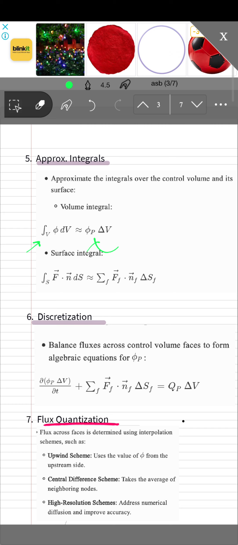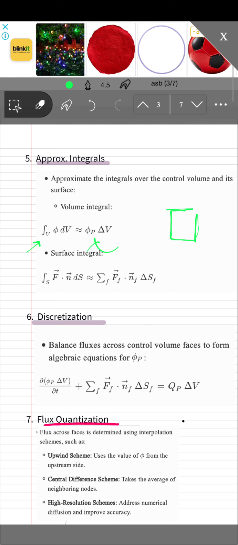This phi p represents any dependent variable, and the suffix p indicates at the center. So if there is a control volume, what is the value of that quantity which we are trying to conserve, or on which the equation is based, at the center, and this when multiplied by the change in volume is equivalent to the volume integral.